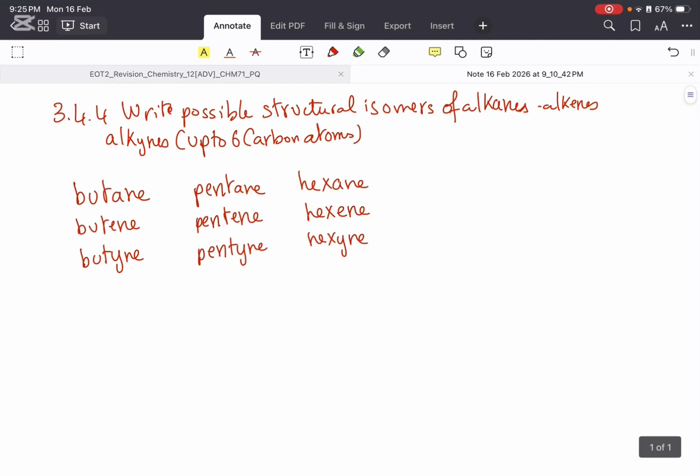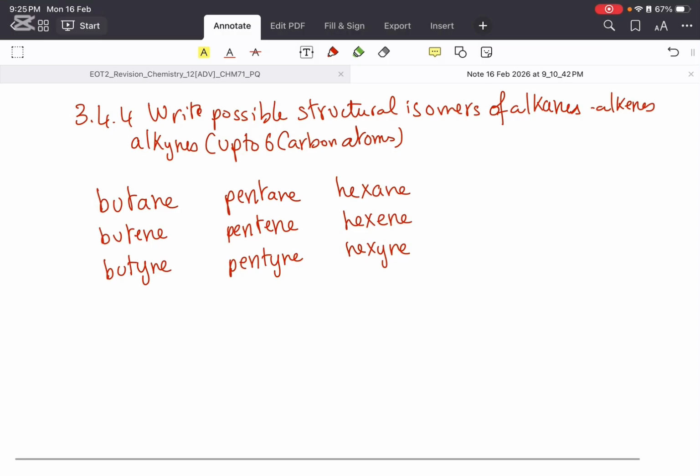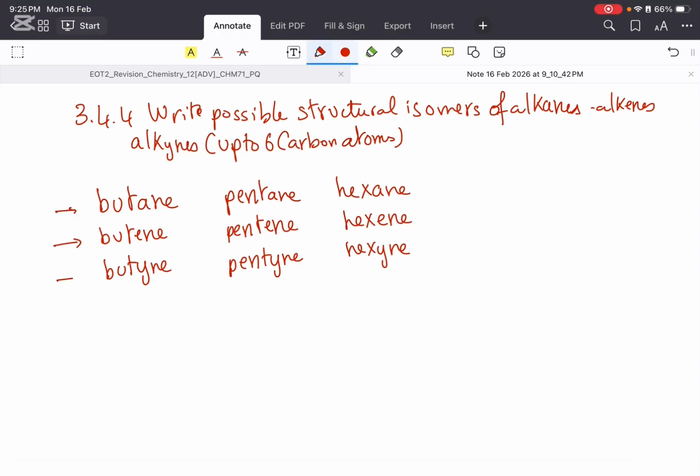The minimum or the smallest isomer they can ask me about is the ones with 4 carbons. So they can either ask me to draw isomers of butane or butene or butyne. Or they can ask me to draw isomers of pentane, pentene, pentyne, or of 6 carbons, hexane, hexene, hexyne, because that's what the KPI says.